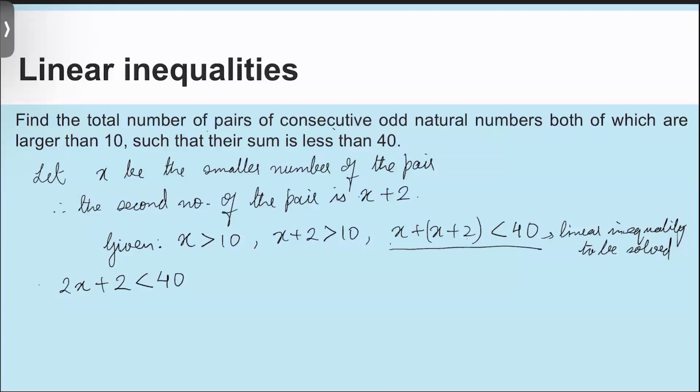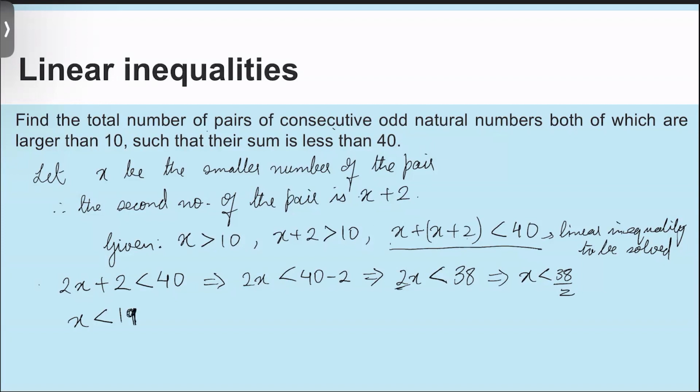Now you can subtract 2 on both sides. So if you subtract 2 on both sides, you get 2X less than 40 minus 2, so 2X is less than 38. Now dividing both sides by the coefficient of the variable X, you get X is less than 38 by 2, and that is going to give you X is less than 19.